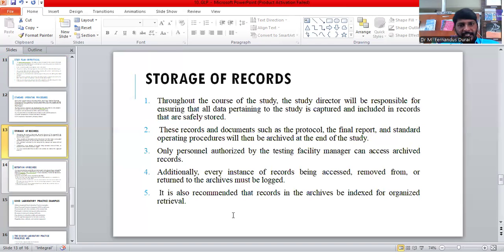And these records and documents, such as the protocol, the final report, and the standard operating procedure, will then be archived at the end of the study. Only personnel authorized by the testing facility manager can access archived records. Additionally, every instance of records being accessed or removed from the archive must be logged.